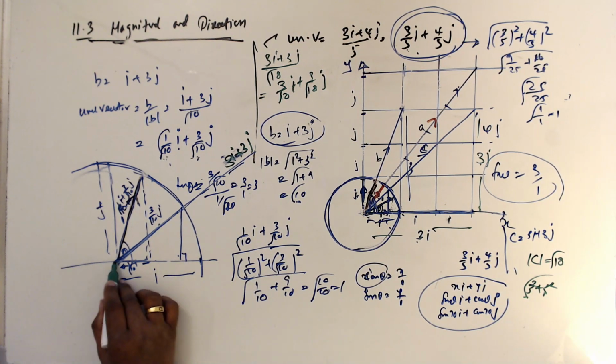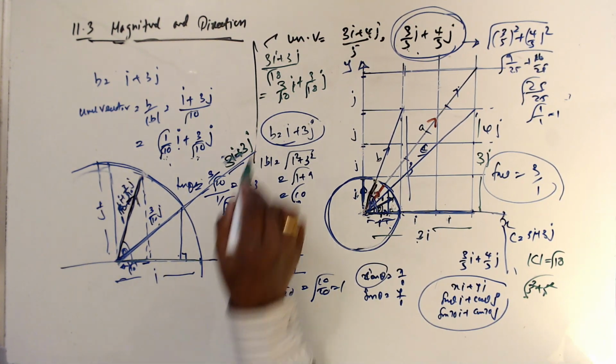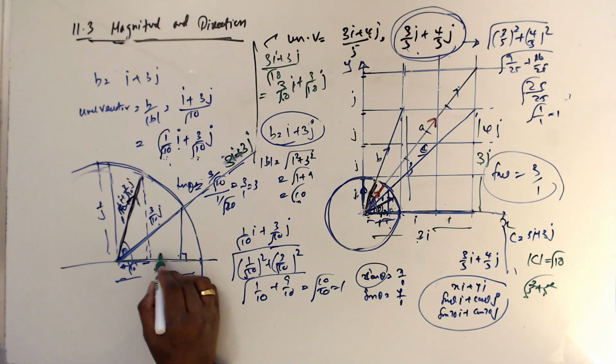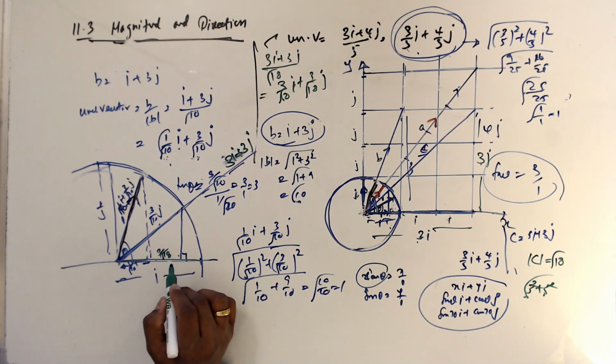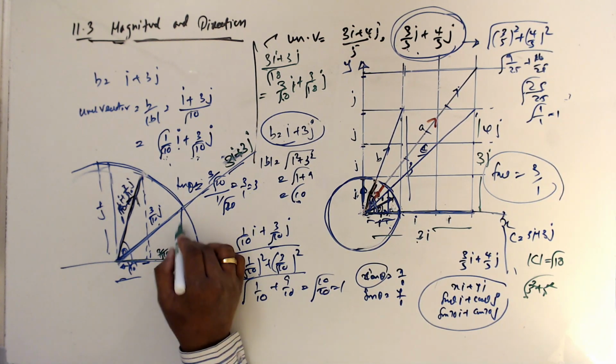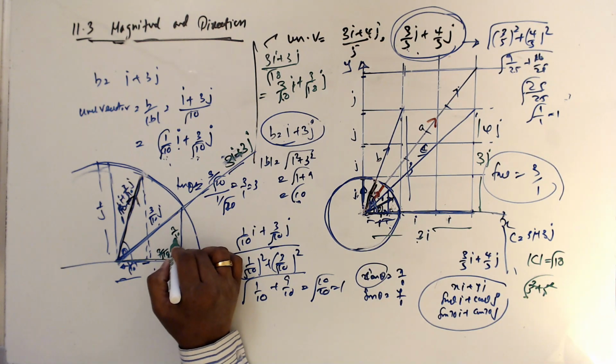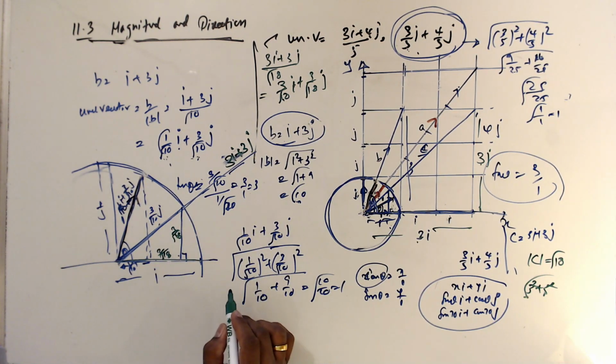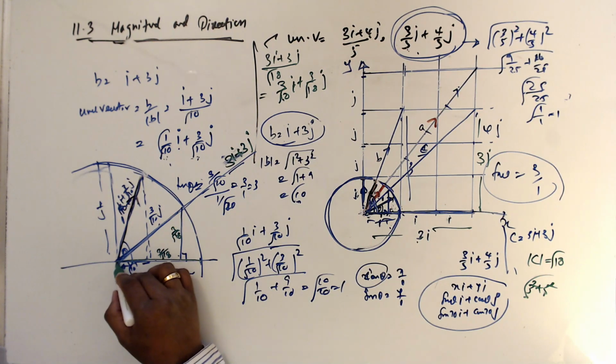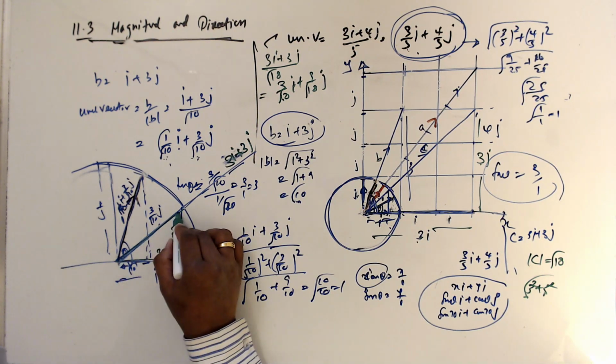For the i direction, don't take the whole i, take 3 over square root 18, and take again 3 over square root 18 for the j direction. Then this vector is going to be a unit vector.